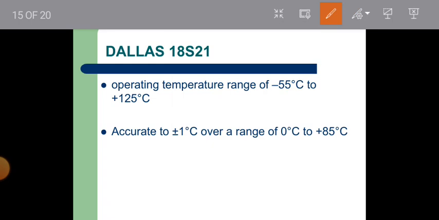Just imagine if you are to read some temperature in the industry, and that temperature is, let's say, something like 110 degrees centigrade. Well, there is no ordinary thermometer in this analog world that you place under 110 degrees centigrade and it survives.